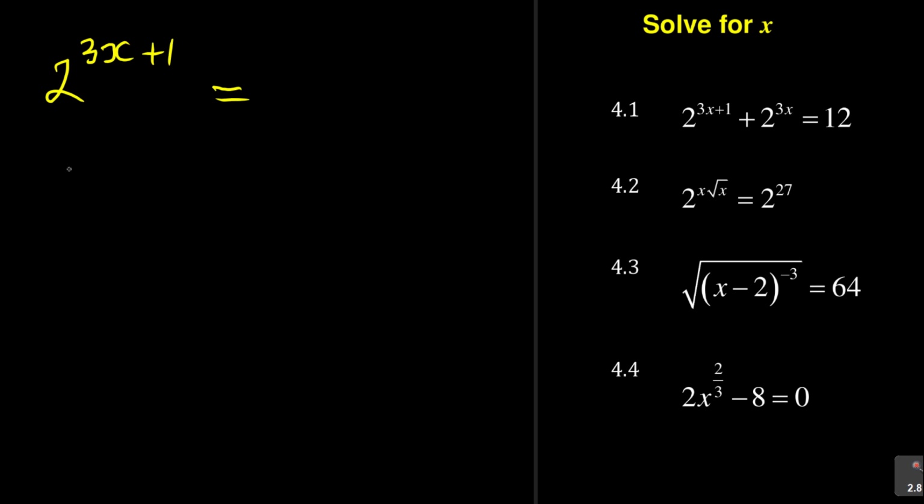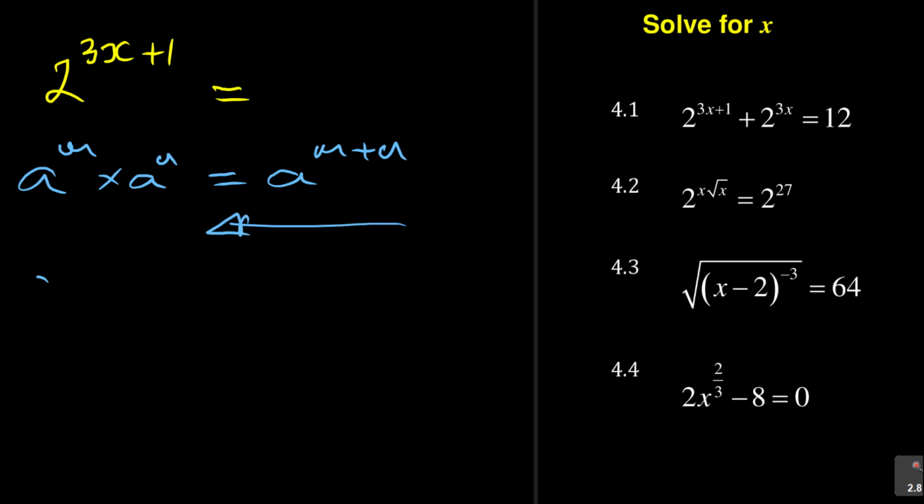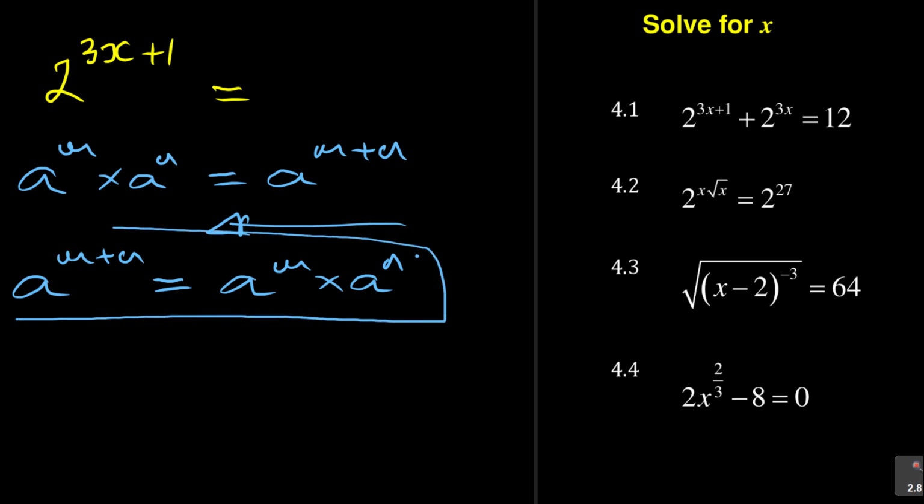Remember there is a law which says a to the power m times a to the power n is a to the power of m plus n, but let's write it in this direction, where a to the power of m plus n is a to the power m times a to the power of n. Are you with me? Very important law.